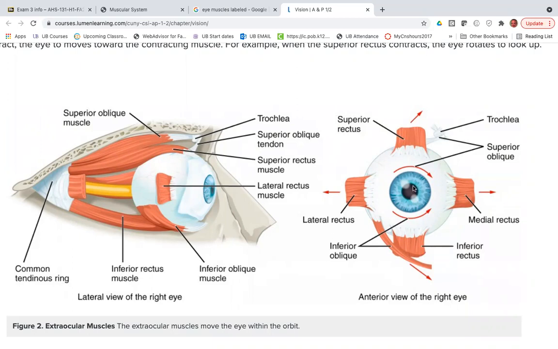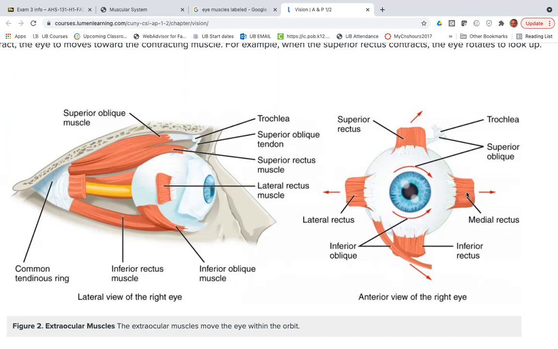When we look at the eye, there are going to be 6 muscles. Now, 4 of them are pretty straightforward muscles based on location, and they all have the term rectus in it. So the one on top, the one on the bottom, the one on the inside, and the one on the outside are the 4 easy ones. Remember, if the nose is here, then this is medial, right?